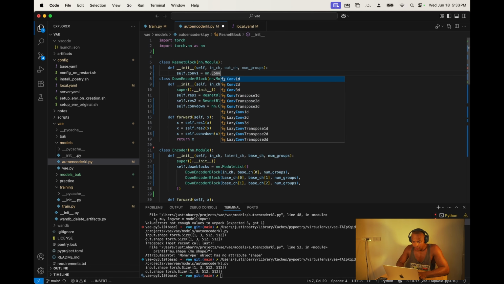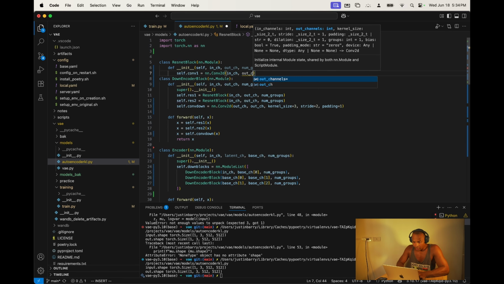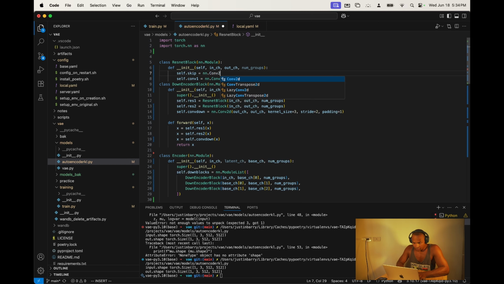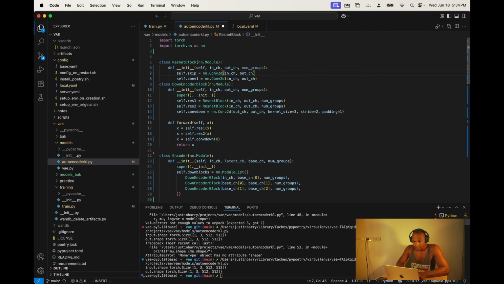So conv1 is nn.Conv2d, in channel to out channel. Then self.skip, in channels, out channels, kernel size 1, so it's a learnable projection if in channels is not equal to out channels, else it's just an identity.